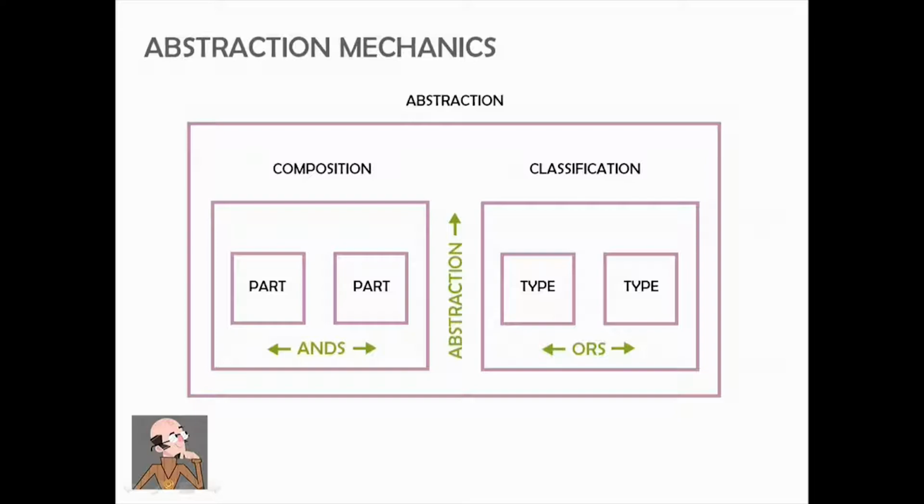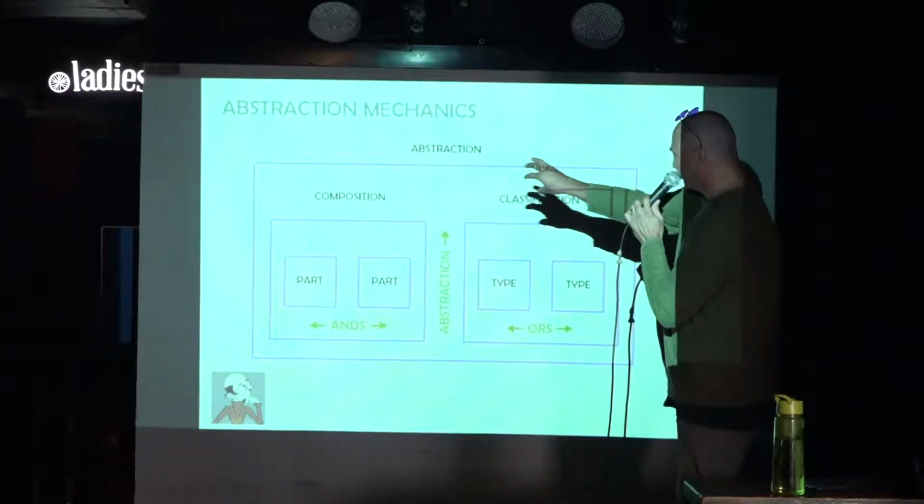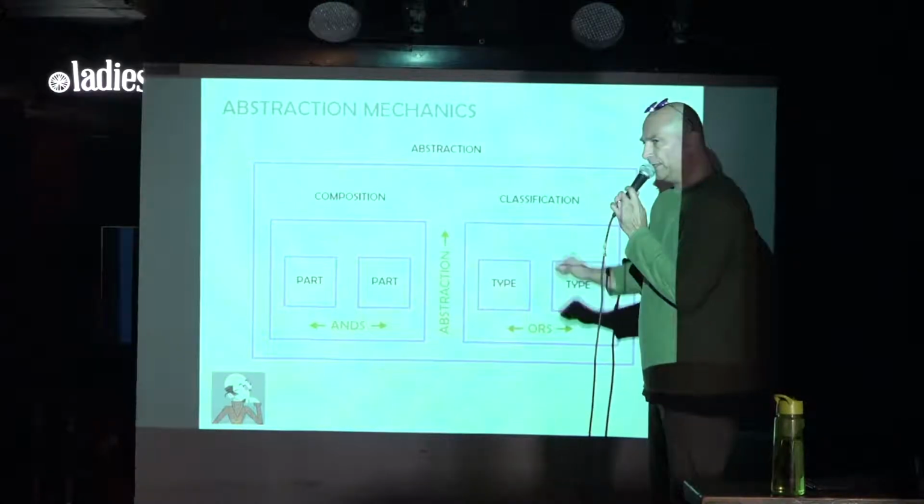And these are connected with ands. So in composition, you have part, and a part, and a part, etc. And over here, we've got classification, which are ors. So that's a type of thing. It's this or that. It could be a square, or a circle, or a triangle, etc. Abstracted, those are shapes. So that's classification.